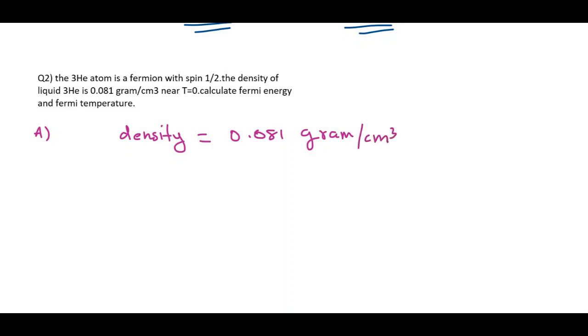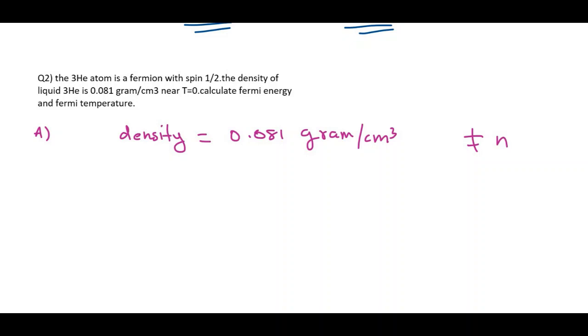First I am telling you that this is not equal to n. Remember the previous question, this is not n. N is number density, its unit should be per meter cube, there is no gram. So this is not small n, we have to find this small n.